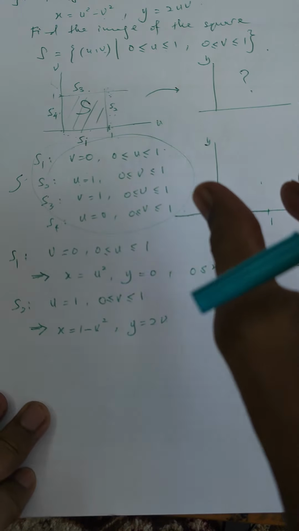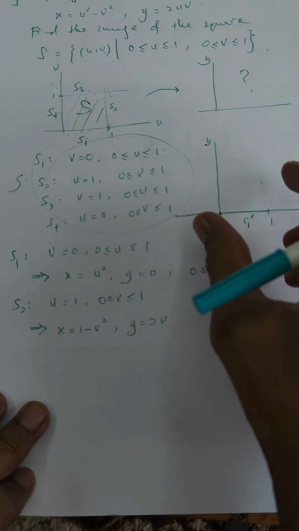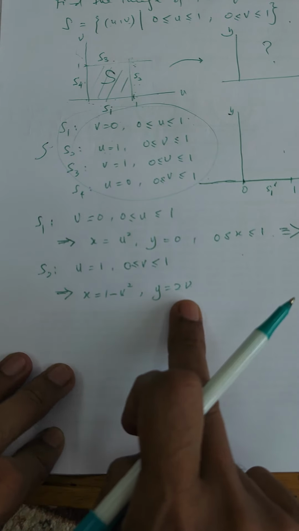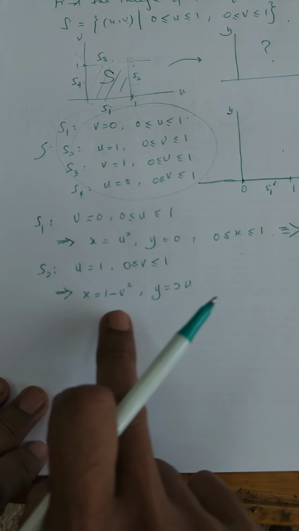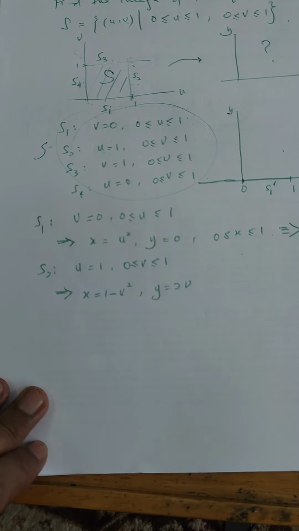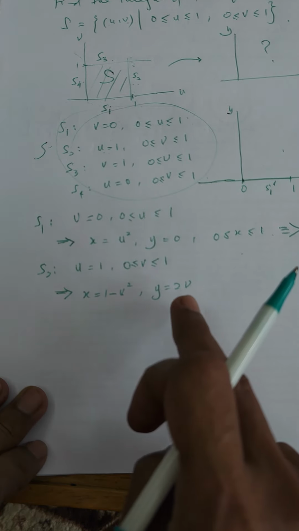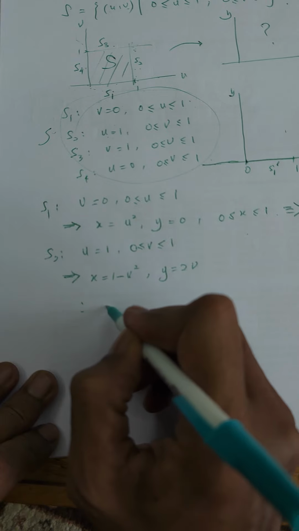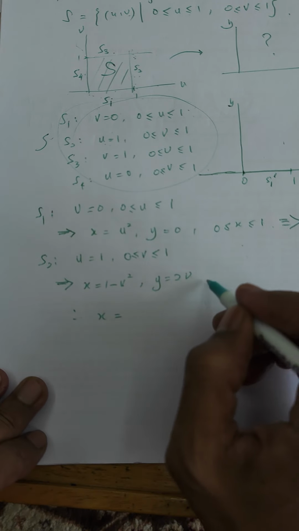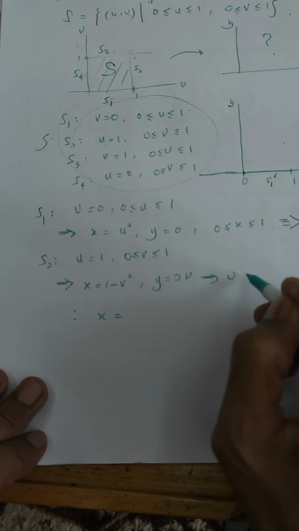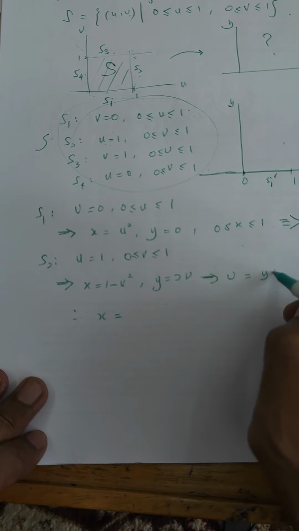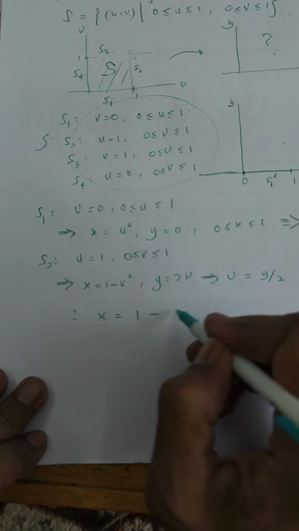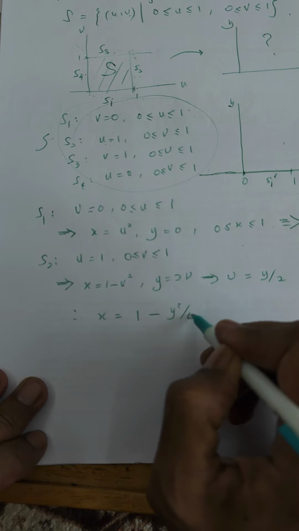It should be X and Y. So we need to eliminate V. Substituting V equal to Y over 2, we have X equal to 1 minus Y squared over 4.